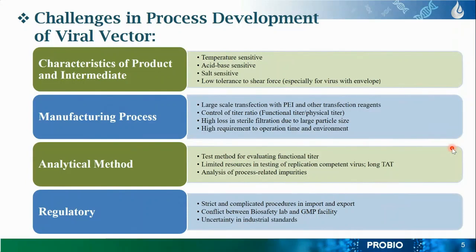Here you can see a few things I would like to mention: the temperature sensitivity, the acid-base and salt sensitivity, and the low tolerance of shear force, which is actually the biggest bottleneck, the most important factor to consider. We also have a few issues, like large-scale transfection using different transfection reagents, controlling the titer ratio, and the loss of sterile filtration due to the different sizes.